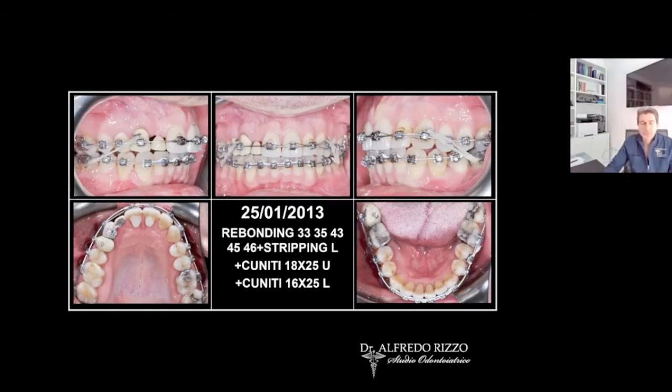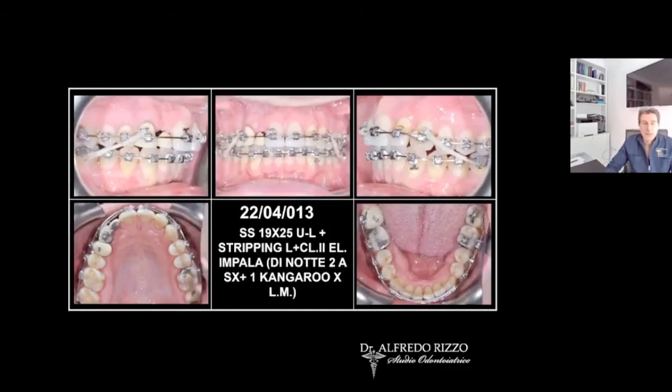It's almost perfect right now. We are practically ready to finish our work in the upper jaw with just finalizing some transversal issues. We see bite correction going very well. I'm moving forward quite easily.